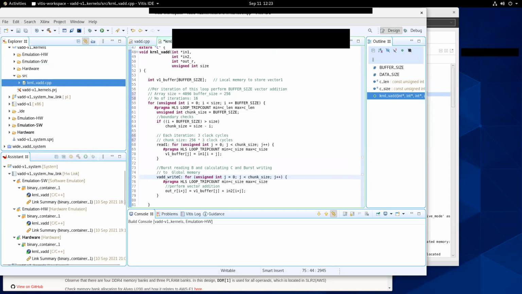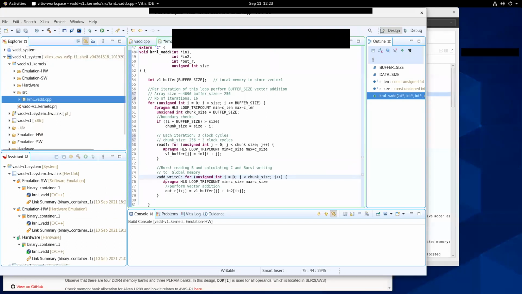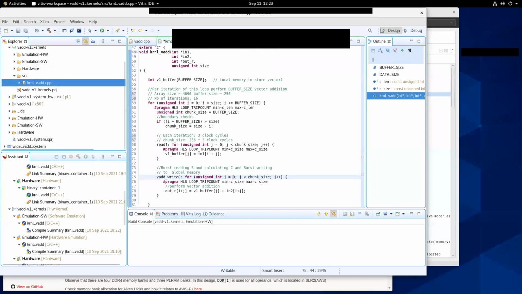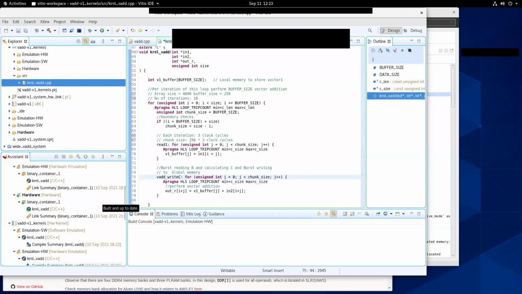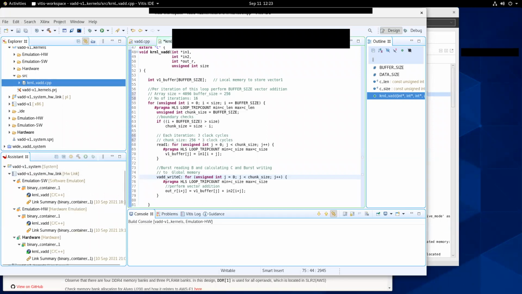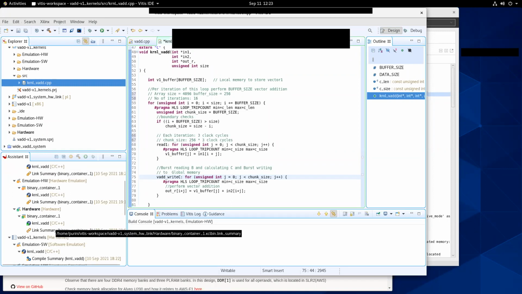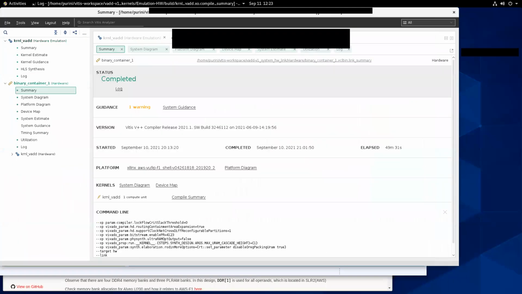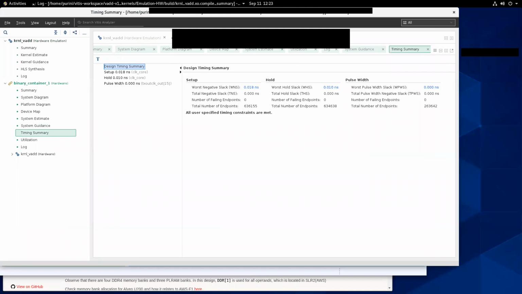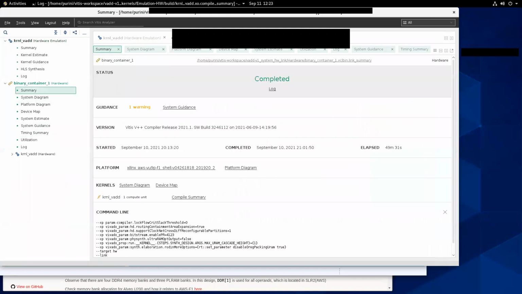After we do the hardware emulation and build, we can look at it. There should be a timeline also, but there is no timeline here. Yeah, let's see. So we go to hardware.